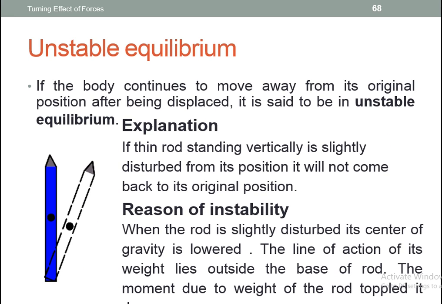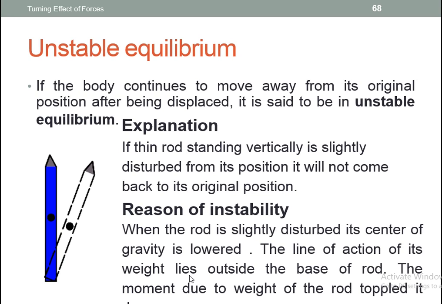And in the case of unstable equilibrium, the body is unable to get its original position after it has been displaced. This type of equilibrium is known as unstable equilibrium. Then there are reasons for instability. When the rod is slightly disturbed, its center of gravity is lowered.